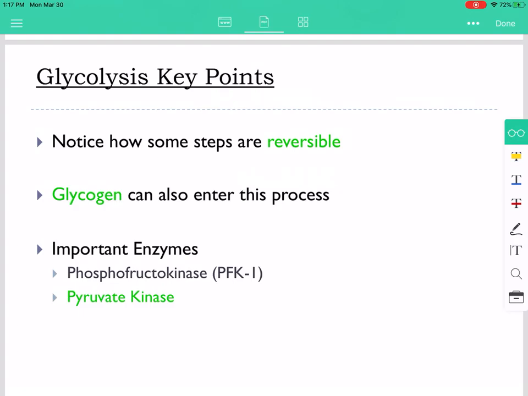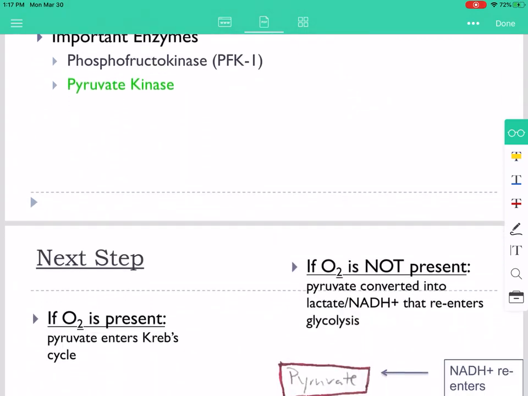All right, what are some key points for glycolysis? Some of the steps are reversible, not all. Glycogen can enter it. So in addition to glucose coming in, we can also break down glycogen into glucose and then enter that. And I think it's important to point out a couple key enzymes. So you can see what I have here in green.